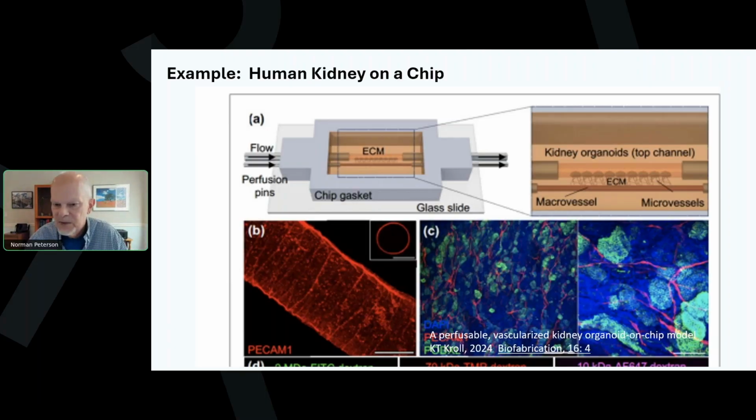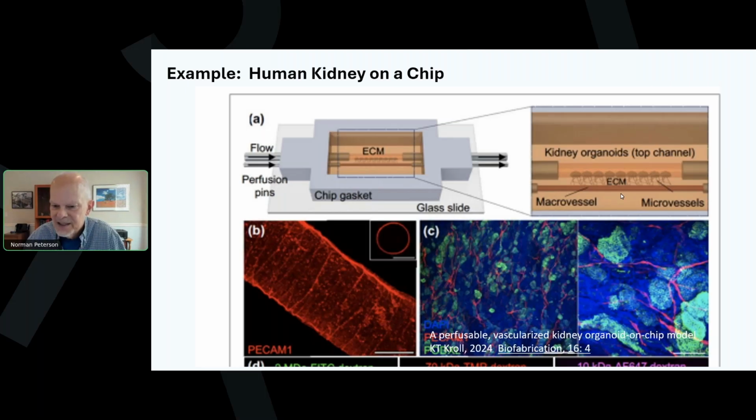And then if you look over more toward the top right panel, you can see some of these pipes with endothelial cells to represent the blood system. And what's neat about these endothelial cells, they do form tubes when you put them in vitro. And in this particular study, they actually took some kidney organoid cells.